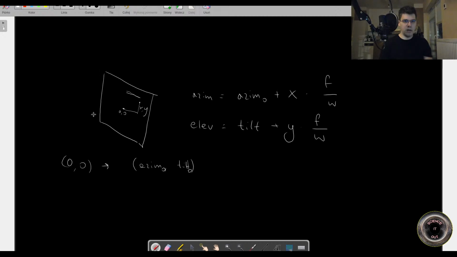That is why the rectilinear model is in a way superior to this one. But also this one is very easy to calculate, and the main advantage of it, and why I chose it initially, is that every row has the same elevation, and every column has the same azimuth.